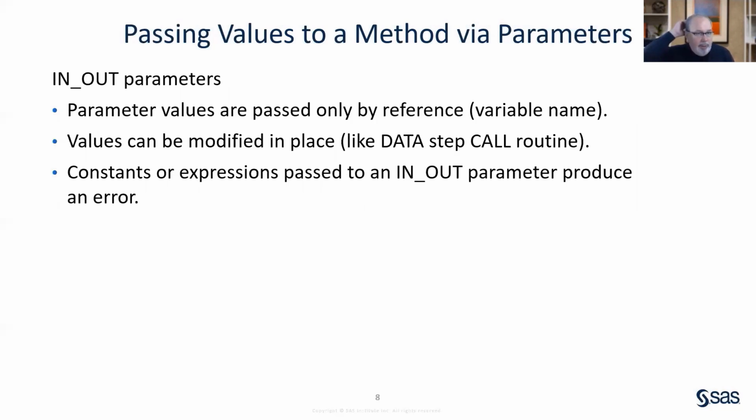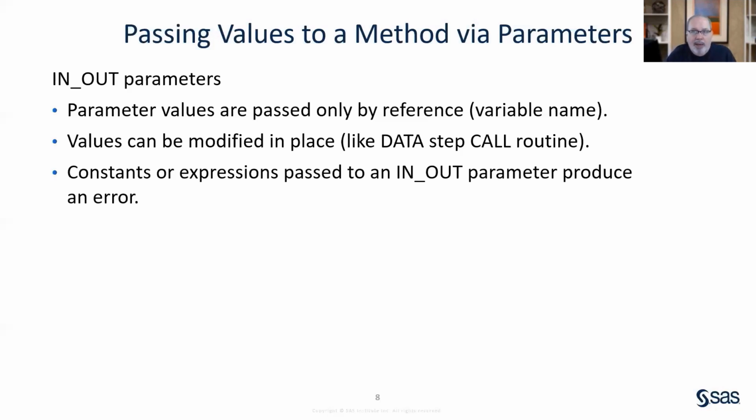And if you're going to return a value, you'll only be able to return one value with a return statement. Now, in-out parameters are different. You're not allowed to pass in a constant value to an in-out parameter. The in-out parameter does not want to know the value. It wants to know where to find the value in memory. So we have to pass an in-out parameter a variable name. Once we have the variable name, then we can retrieve the value from that variable, but we can also change the value of that variable.